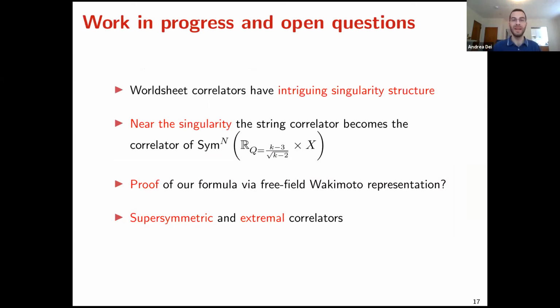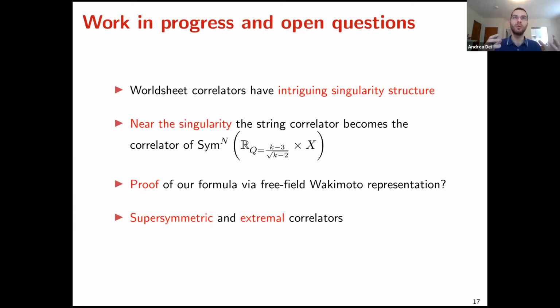And there are many other things that I would like to tell you, but unfortunately there is not much time. So we are also working at analyzing the singularity structure of these correlators. And something very interesting emerges because you find singularities in the middle of the moduli space where you would not expect a singularity to be.